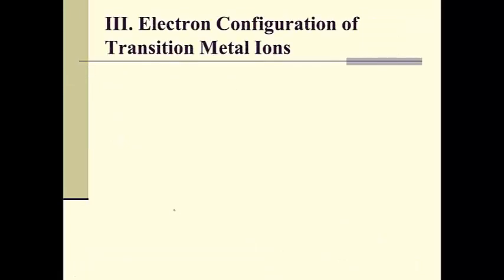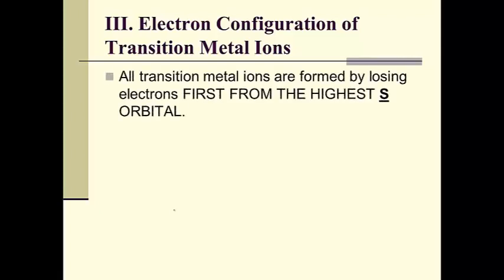Last thing we'll look at, electron configurations for transition metal ions. All transition metal ions are formed by losing their electrons first from the s orbitals. In other words, here's the configuration for zinc: the noble gas configuration, argon 4s2 3d10. Now, the zinc ion, you should have memorized what charge it's going to be.